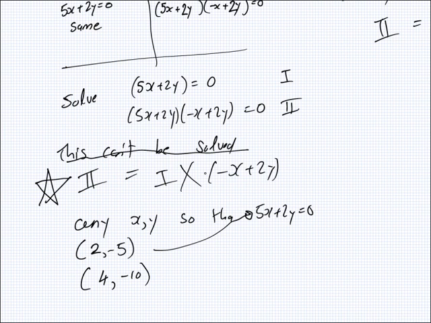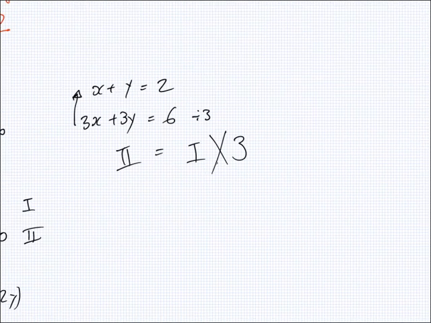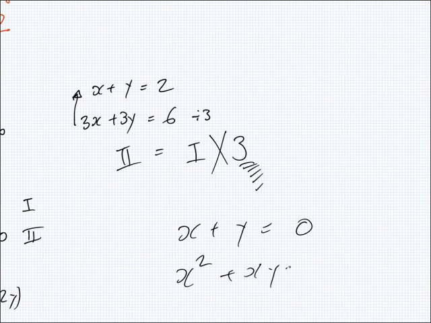What makes it tricky is in high school, you probably would have only thought about the second equation maybe being a number multiple of the first. But it's still true if it's a variable. So if I had something like x plus y equals 0 and x squared plus xy equals 0, can I solve this?